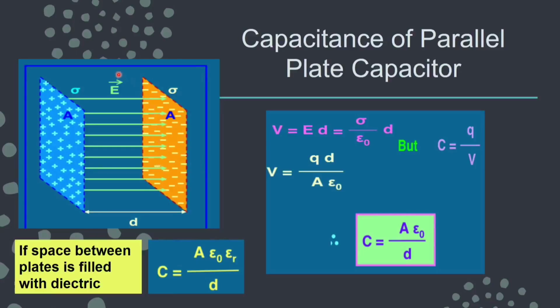And you all know, when I am talking about the electric field between two parallel plates, outside these sheets the field is 0, but inside it is given by sigma upon epsilon naught. Sigma upon epsilon naught is the value of the electric field present between the two parallel plates of the capacitor.